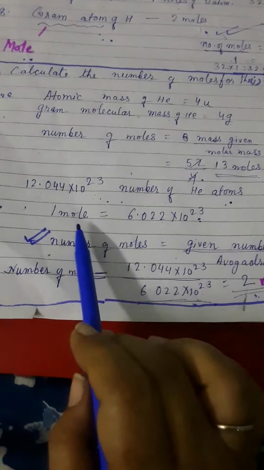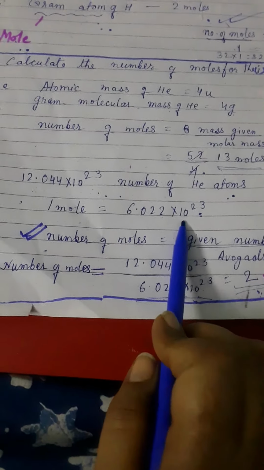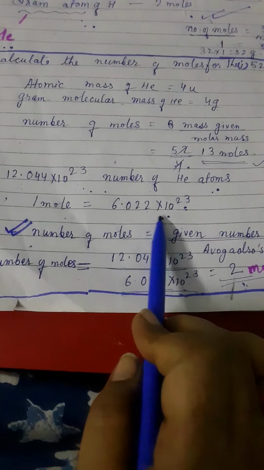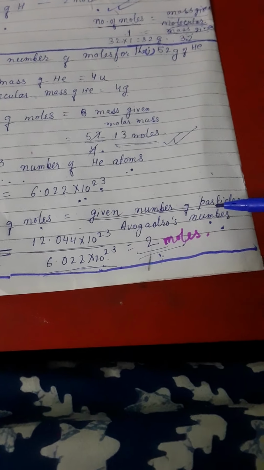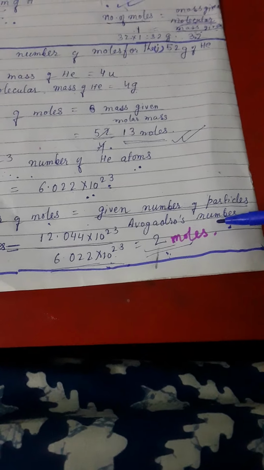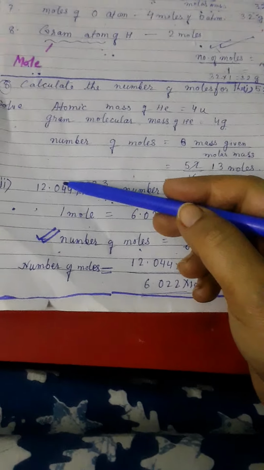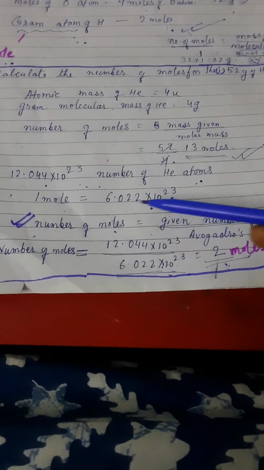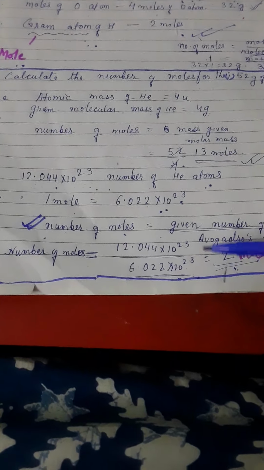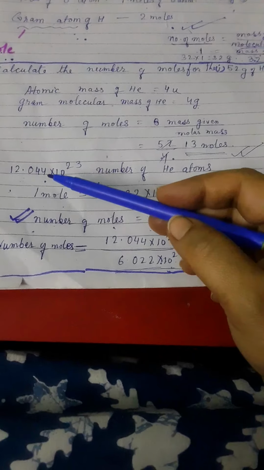Okay, we all know 1 mole equals this, Avogadro's number. Number of moles equals the given number of particles divided by Avogadro's number. Here the given number of particles is this and Avogadro's number is this, and by this we can find out the number of moles from particles.